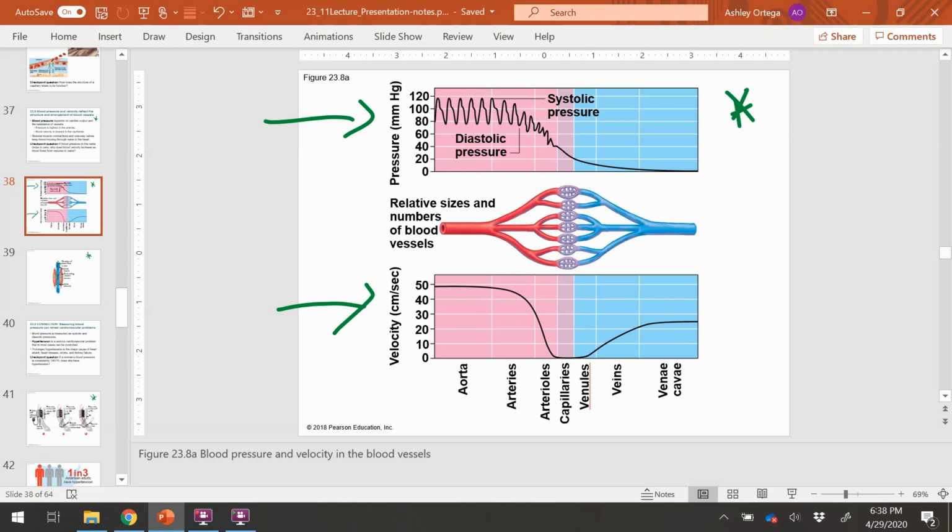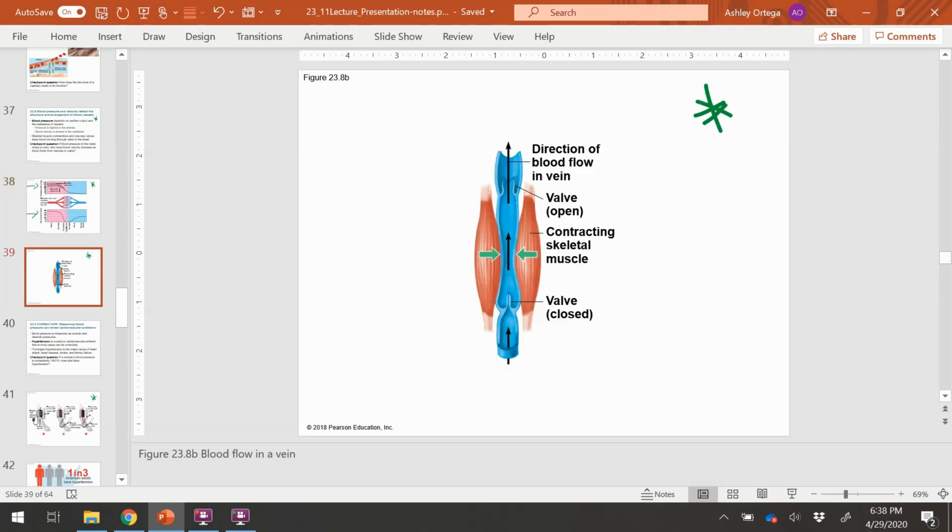That's due to the valves along with muscle movement, which we see in this next picture here. The contracting skeletal muscle surrounding veins helps push that blood flow back to the vena cava, which will then go back to the heart.